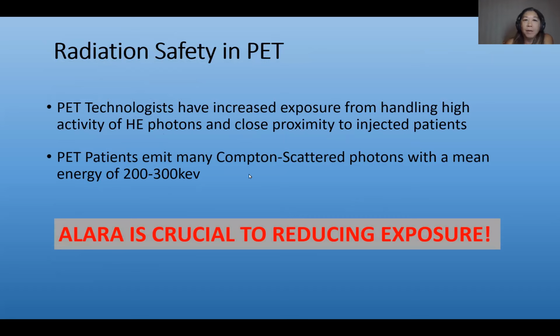PET patients may emit Compton scattered photons with a mean energy of 200 to 300 keV, which, as you know, is significantly higher than traditional nuclear medicine departments, where we're using technetium with an energy of 140 keV. So ALARA is particularly crucial to reducing radiation exposure, and they take radiation safety very seriously at PET, to the point where they actually have their own radiation safety officer on site.